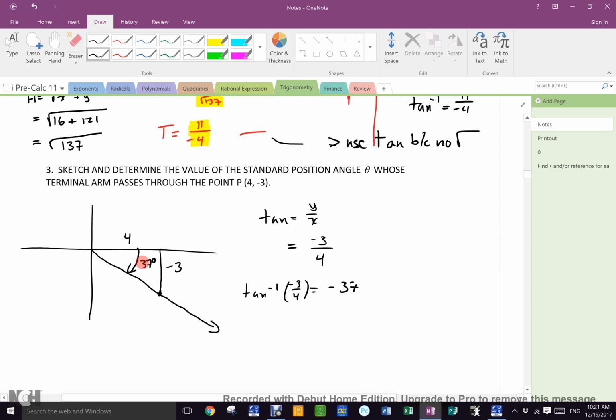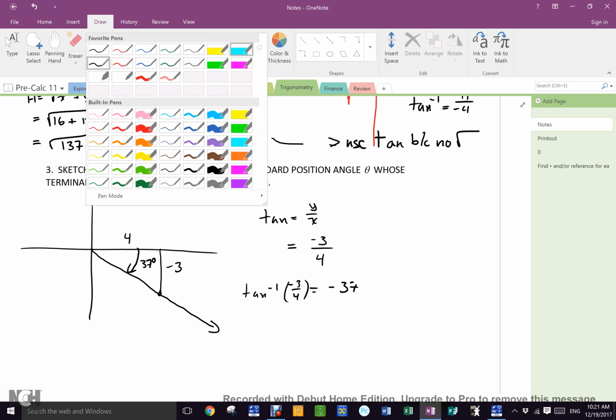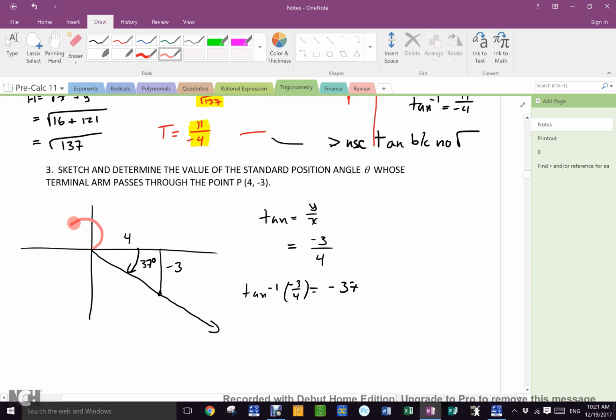Is that a reference angle or is that theta? That's a reference angle. So I must need which side of it? This side of it. How much is it? And don't tell me the answer. Tell me how you're going to find the answer. 360 minus 37 to get 323 degrees.